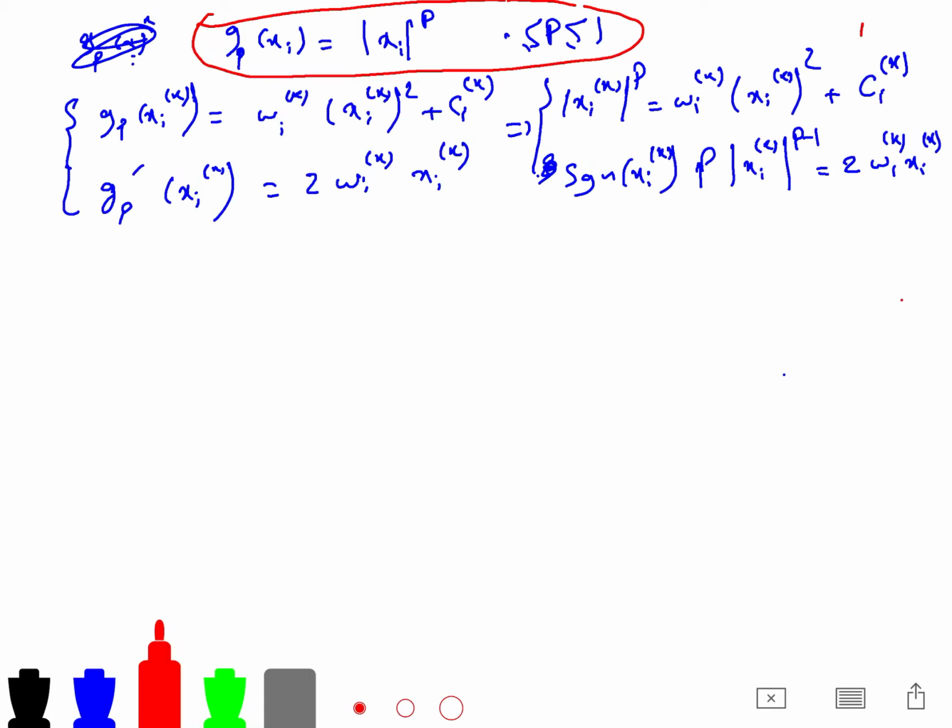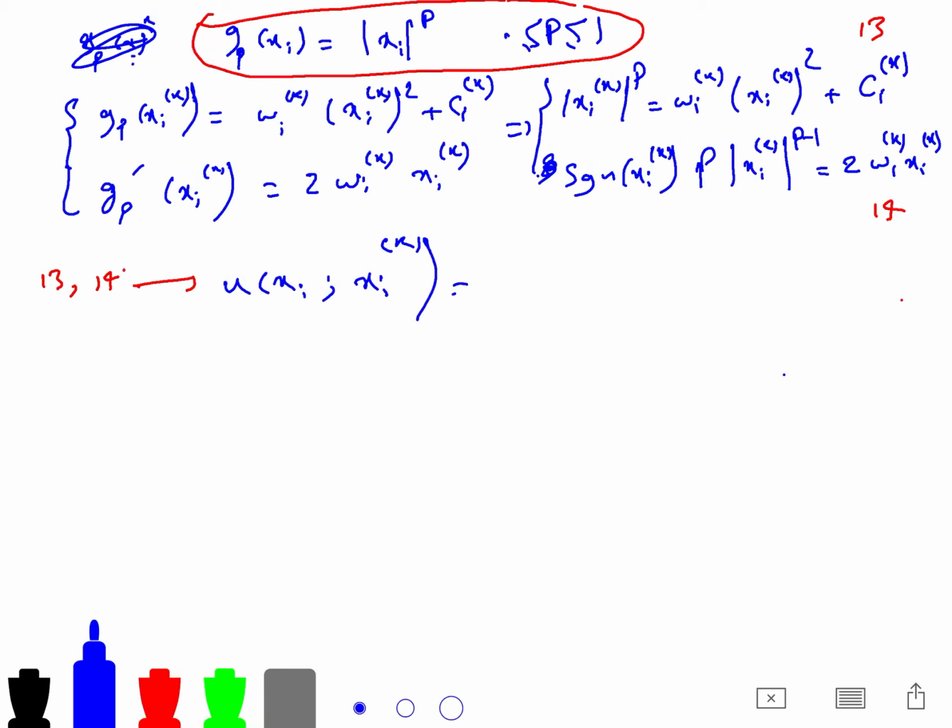So from this equation and this equation, from 13 and 14, we can get the quadratic majorization function. So what is our quadratic majorization function given at k-th iteration we are at point x_i^k?